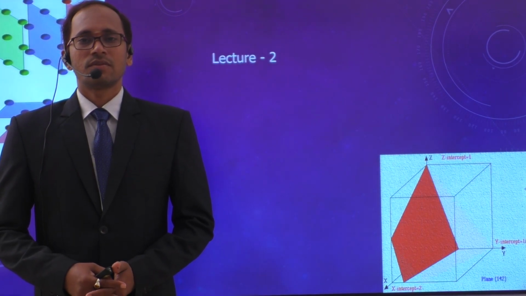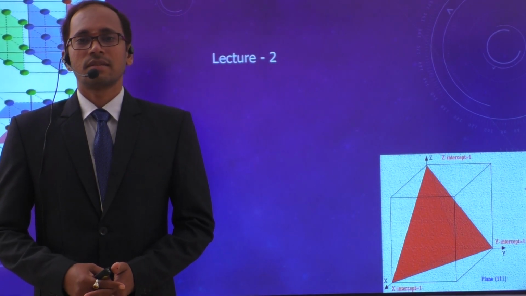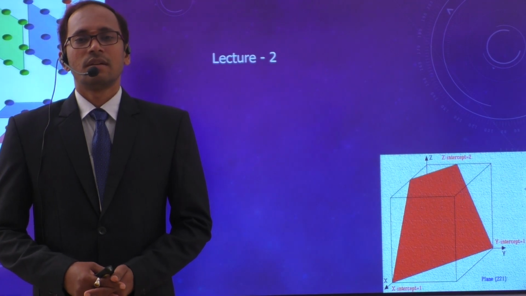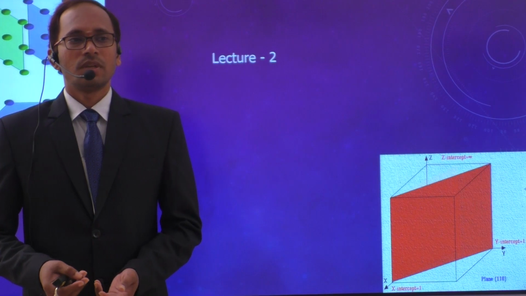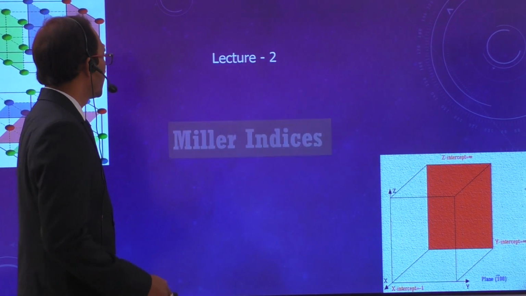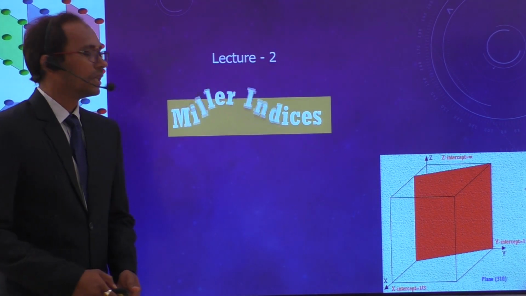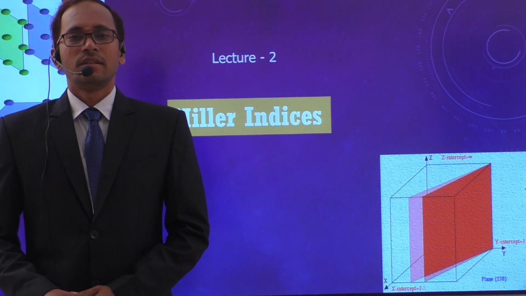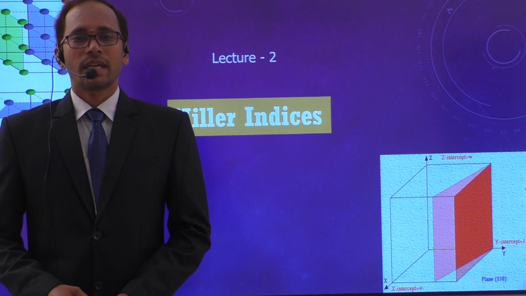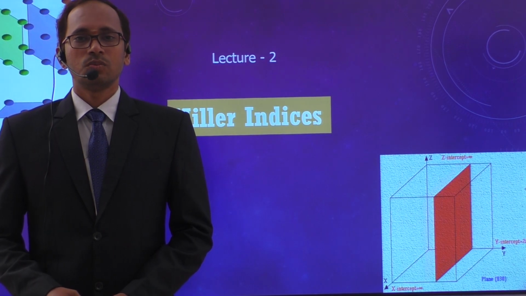In this course we discussed unit 1, and now we have entered into unit 2. Today we are going to discuss Miller indices. This is the second lecture in unit 2.